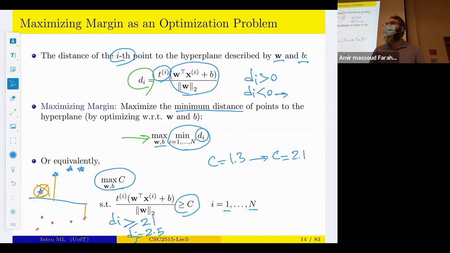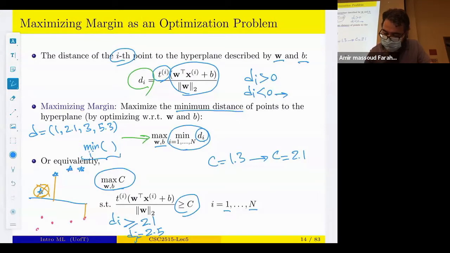If say these are 1, 2.1, 3, 5.3, then the minimum of these would be 1, and then we're maximizing over W.